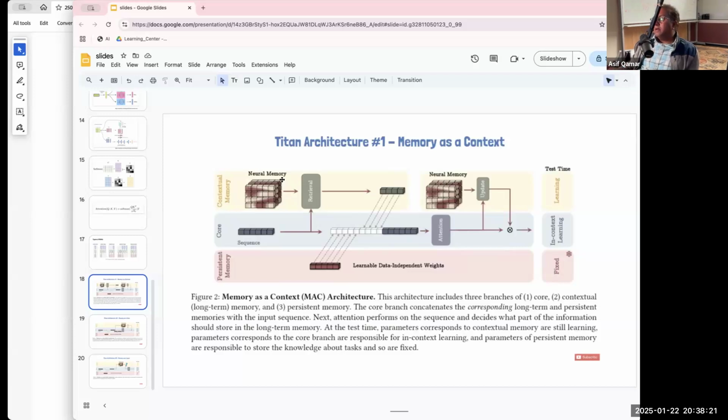In the case of neural memory, they are not calling it attention. They are actually putting in only the important tokens. In the neural memory, there is nothing called attention. It is only the key and value memory. There is no attention equation or attention logic.